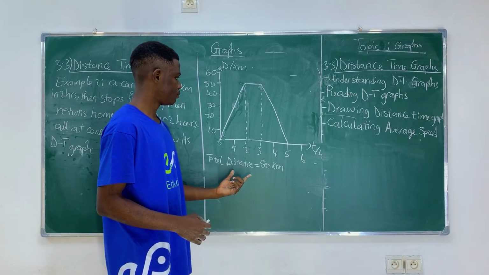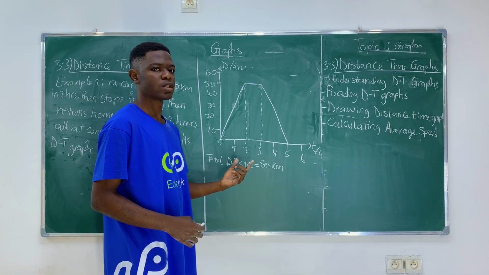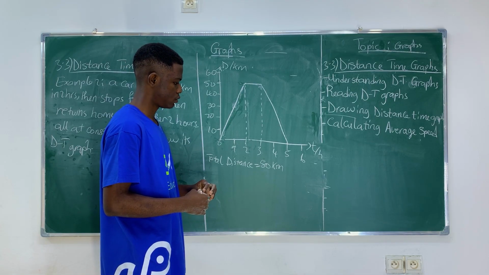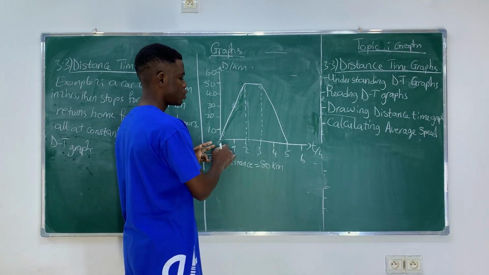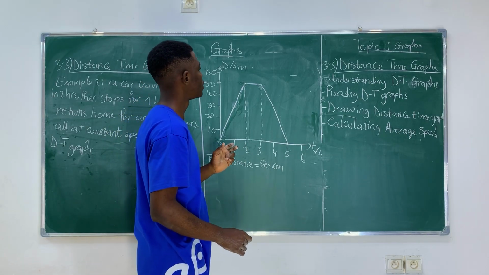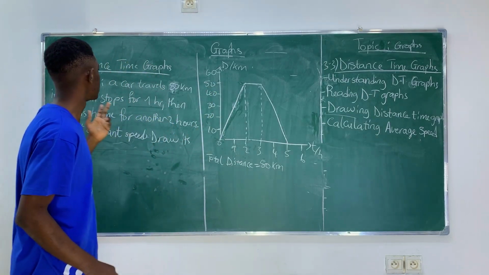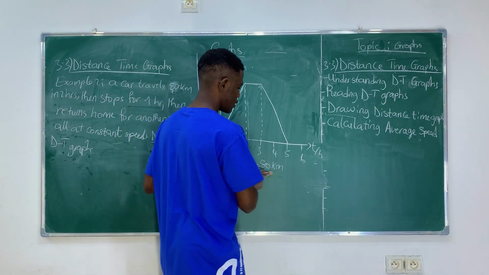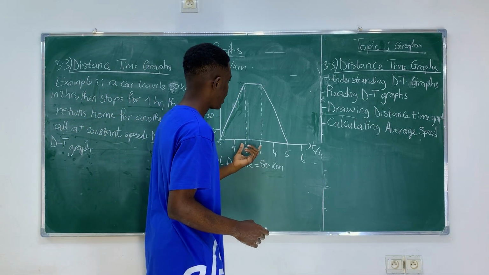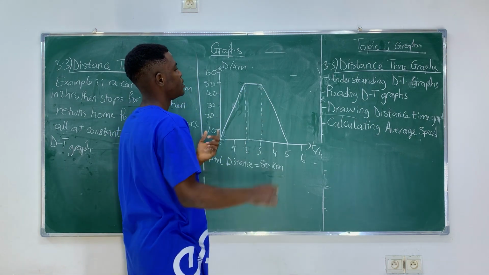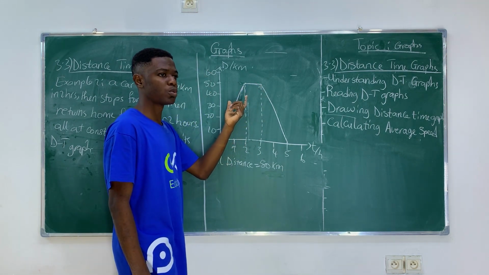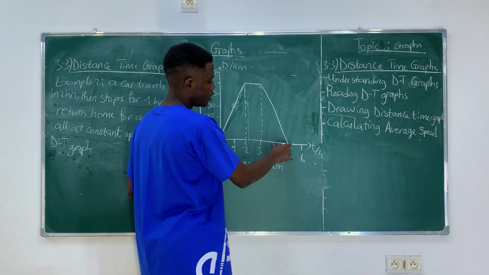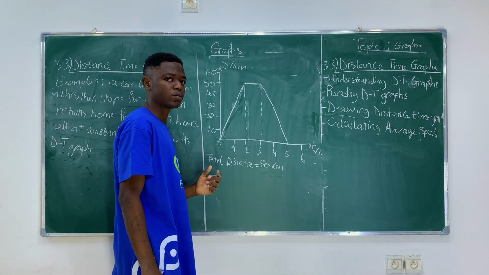We were trying to find the total distance traveled by the car. For the first 2 hours, we know that the car traveled 50 kilometers. So we put first our 50 kilometers. Then for the next 1 hour, it stopped. Since it is a straight line, it shows that the car was not moving. Then for the next 2 hours, it returned home.